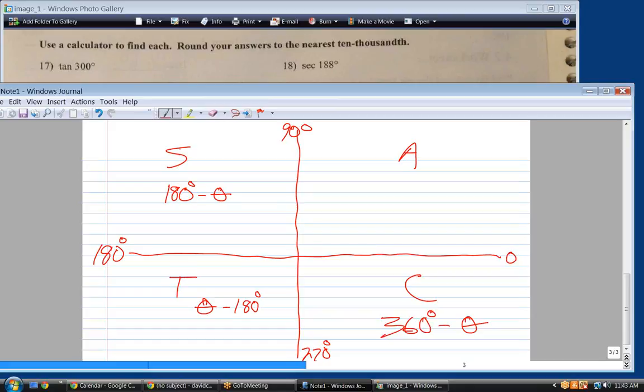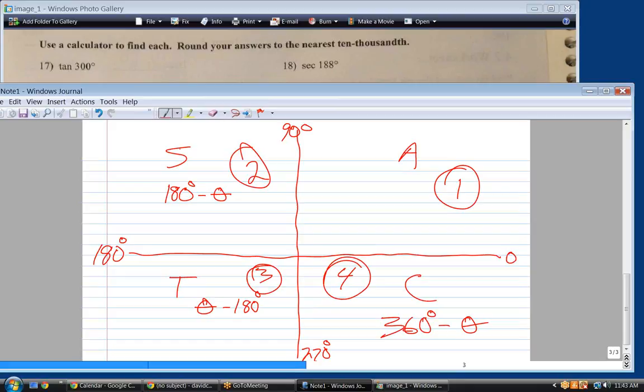So, tangent of 300 degrees, which quadrant is that in? It's not called quadrant C. It's 1, 2, 3, and 4. Those are your 4 quadrants. They go counterclockwise. So we're in quadrant 4.